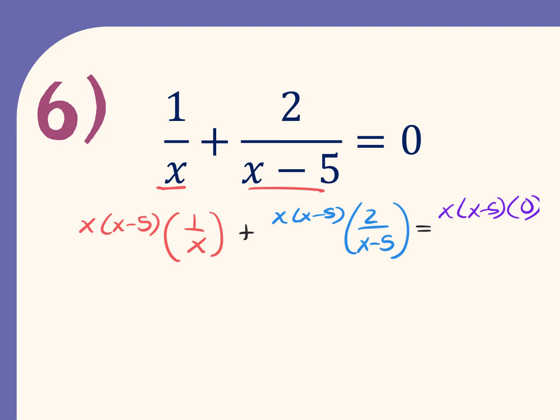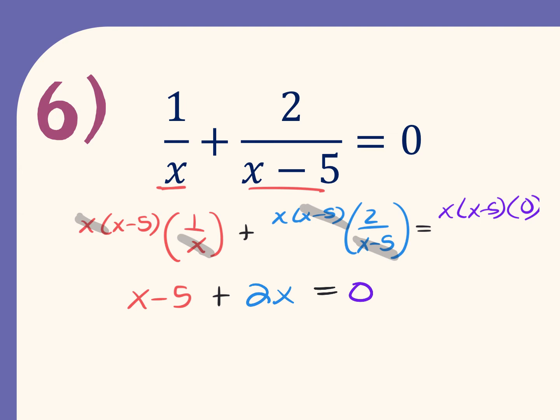Okay, so now for the red one, what's going to cancel here is just the x. So now I need to distribute the x minus 5 to the 1, which just gives me x minus 5. Then the blue, what's going to cancel is the x minus 5. So now I'm going to multiply the 2 and the x, so I get a 2x. And then the purple, anything times 0 is 0.